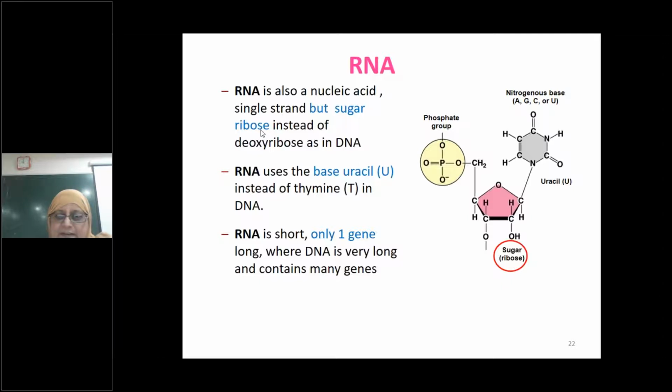RNA has the base uracil instead of thymine, which is present in DNA. RNA is short, only one gene long, whereas DNA is long and contains many genes.